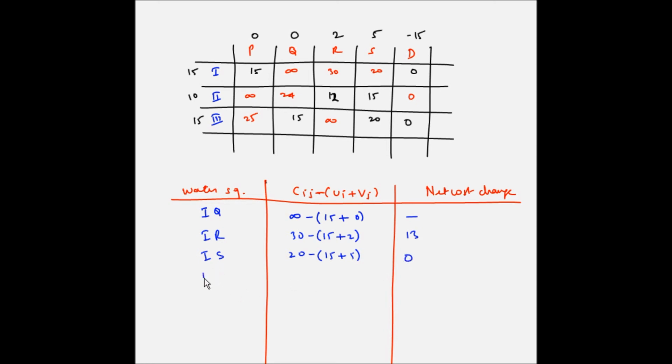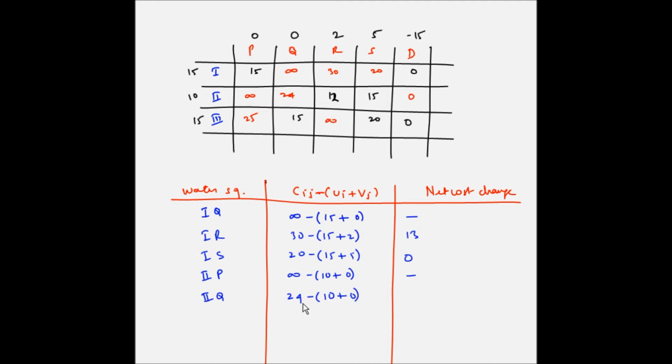The next water square is 2P. Cij is infinity, Ui is 10, Vj is 0. So let's skip this because it has an infinity value. The next water square is 2Q. Cij is 24, Ui is 10, Vj is 0.